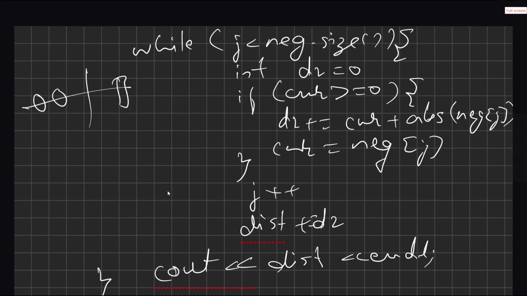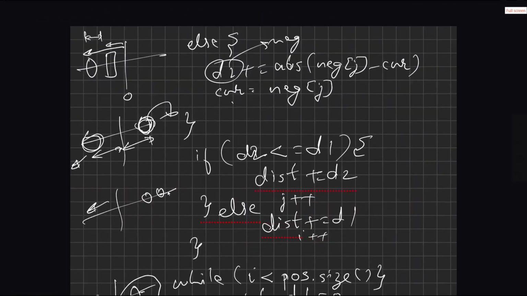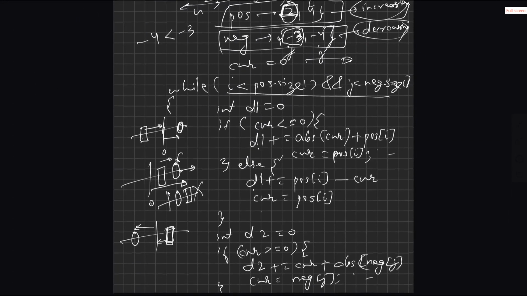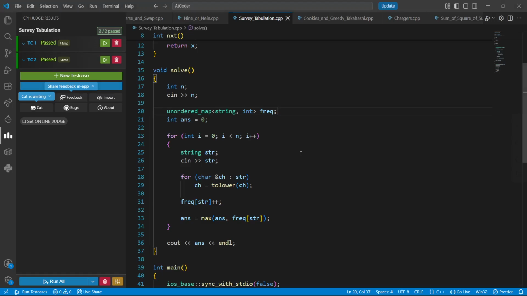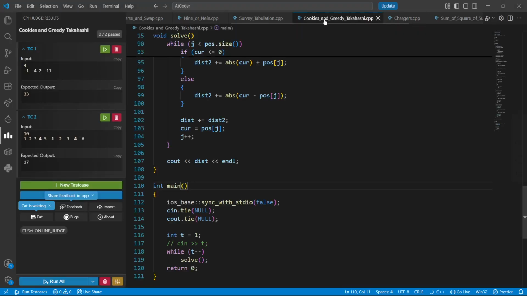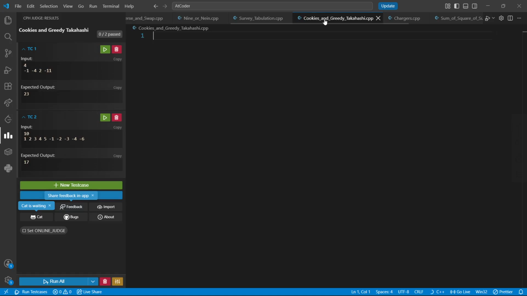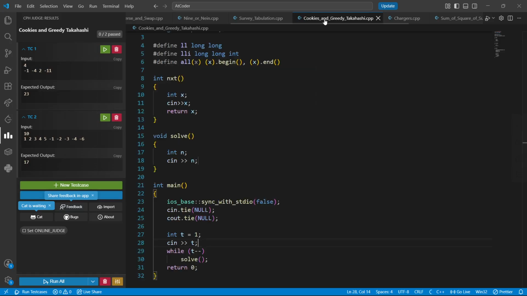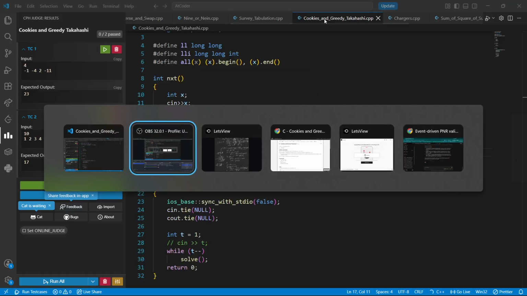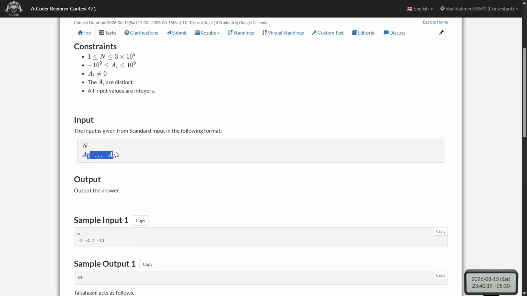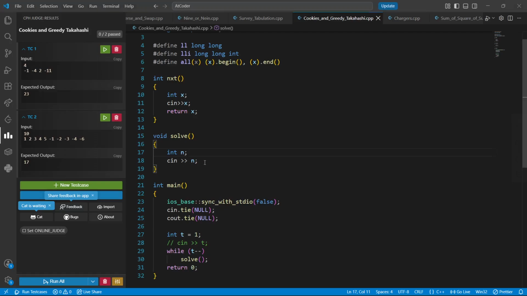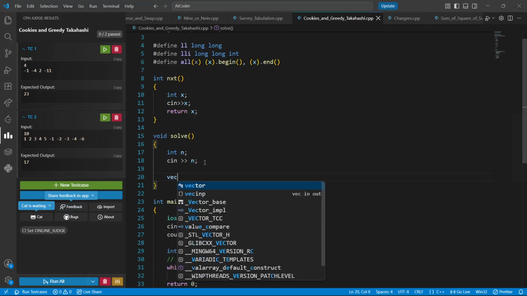So yeah, I think you guys have understood the algorithm, how we are solving this. So let's try to code it up. In the problem statement, they'll give n and cookies. They've given n, we have taken n. Now I'll be taking two vectors.